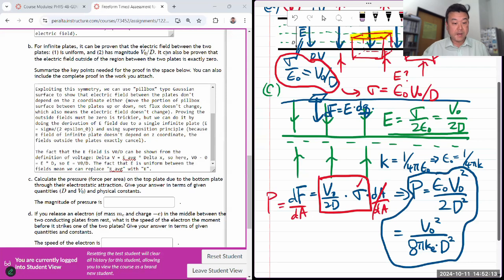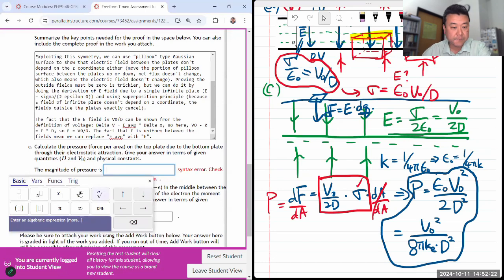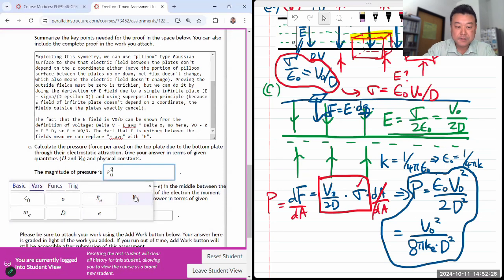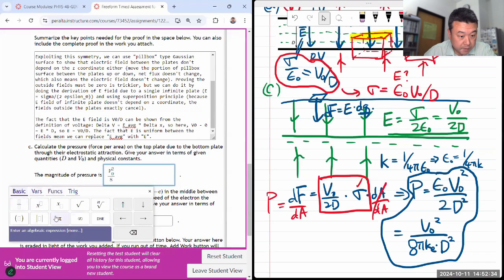So yeah, magnitude of pressure is, so here, I'm going to get automatically graded. Somehow I didn't see that when I was looking at this question. So I'll get an automatic grade, and I will talk about what that means, what it doesn't mean after I enter this.